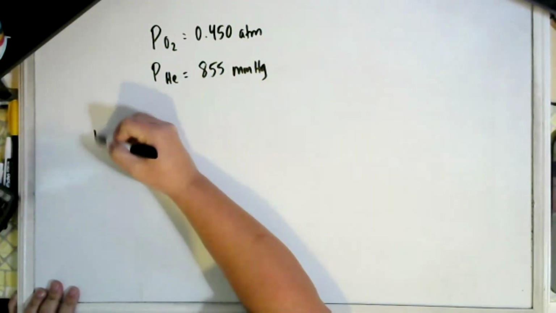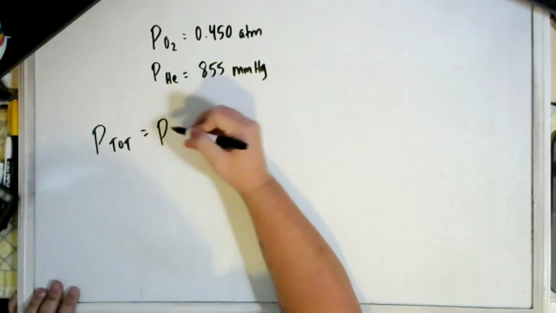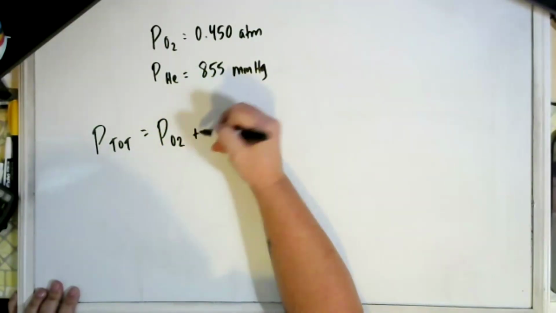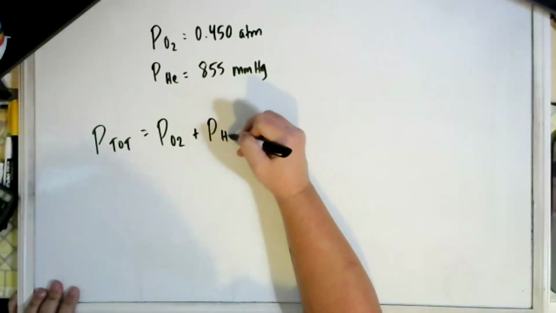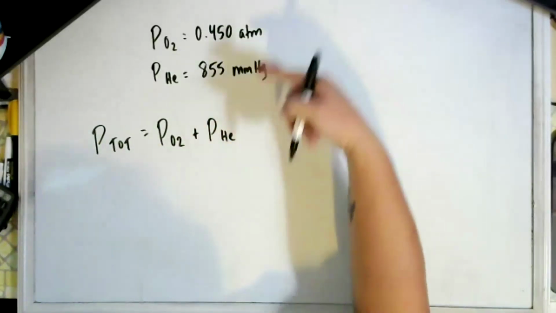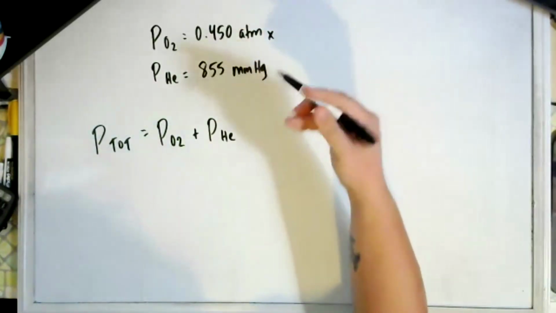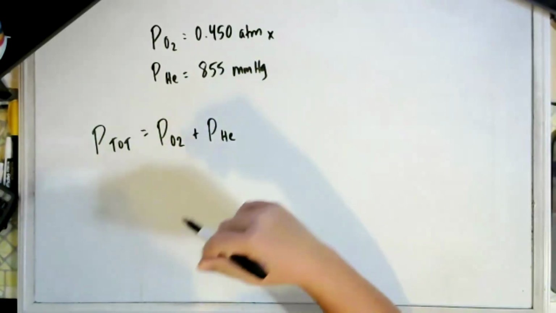And to find the total pressure, we're going to take the pressure of oxygen plus the pressure of helium. But before we can do that addition, we have to convert our oxygen pressure into the correct units.